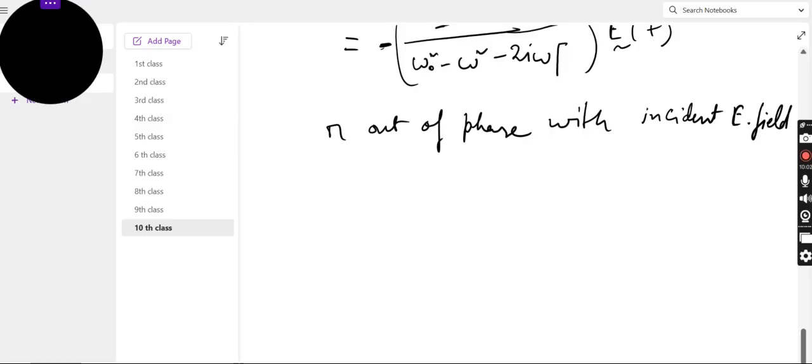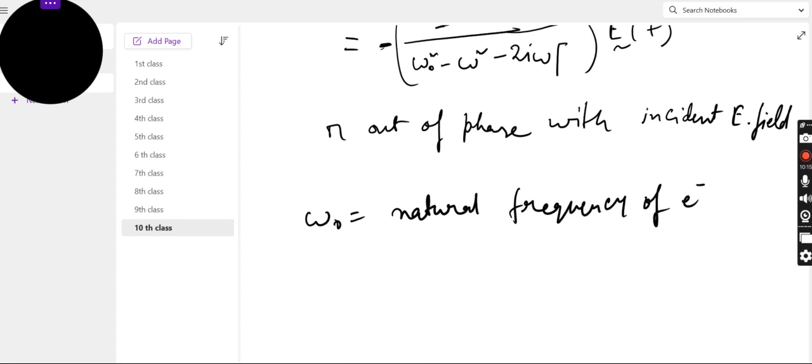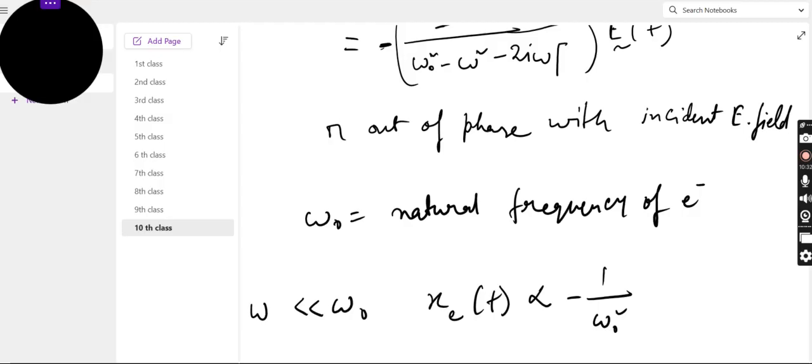So here are two cases. Omega naught is the natural frequency of the electron. When omega is less than omega naught, x_e(t) becomes minus 1 over omega squared times E(t), which is almost equal to E(t).